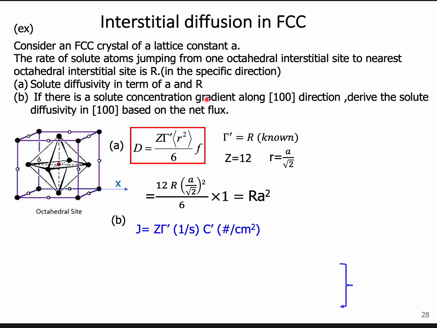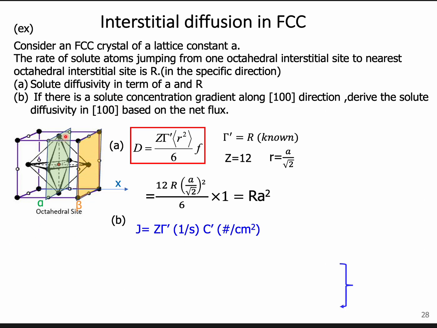So net flux tells you that you need to define two planes, alpha plane and beta plane, and know the flux from alpha to beta and beta to alpha and get the net flux, right? So based on this unit cell, we will assume this is the alpha plane, this is the beta plane.